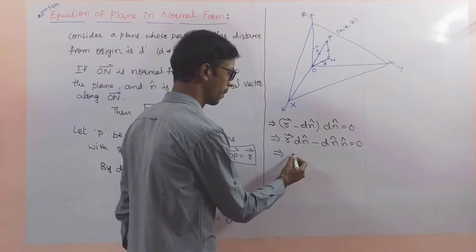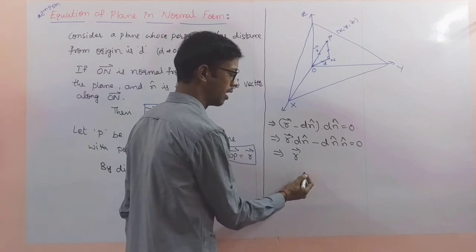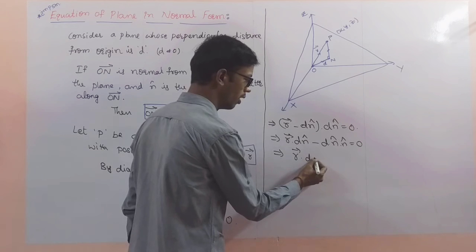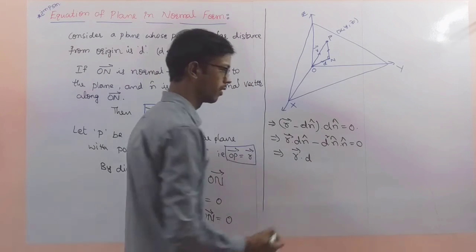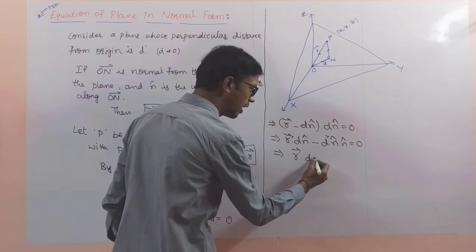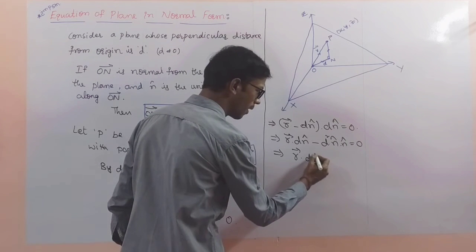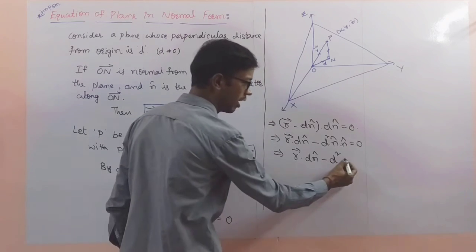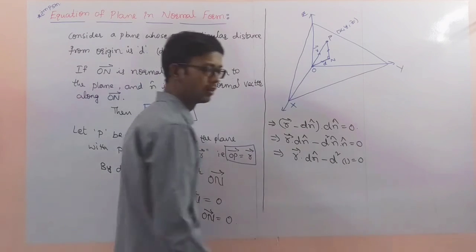Now, R bar dot d n cap minus d square, n cap dot n cap. N cap into n cap is 1, equal to 0.